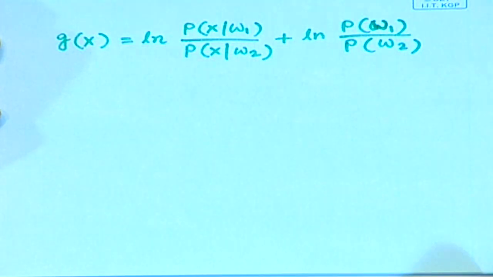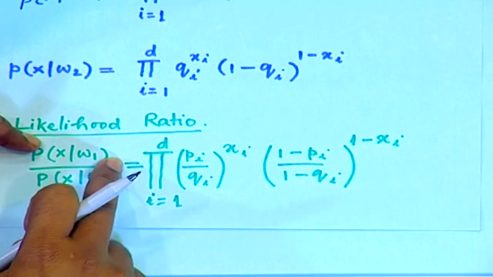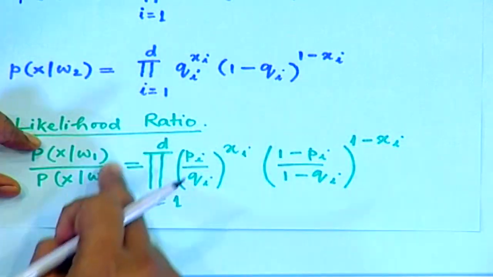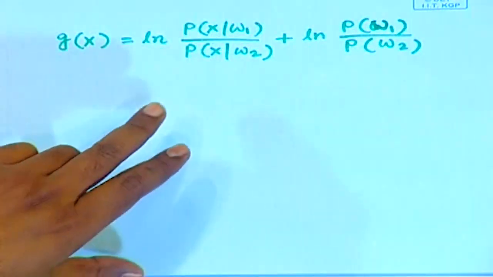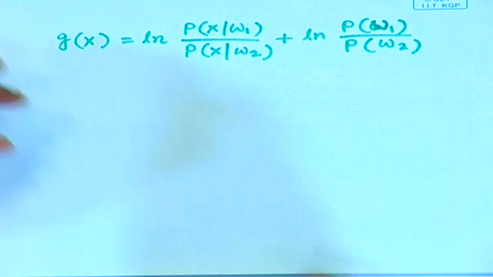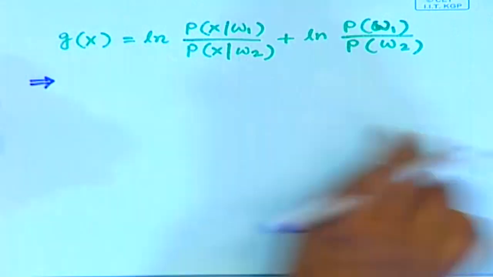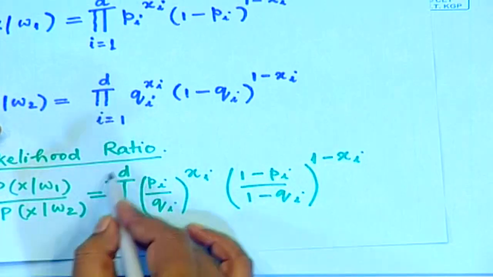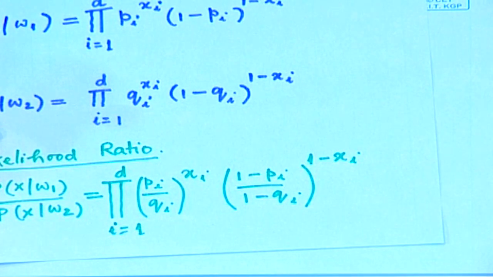This we derived earlier. Now, if we put this expression for P of x given omega 1 upon P of x given omega 2 into this function, because we are taking logarithm, the product term will be converted to a sum of logarithmic functions.